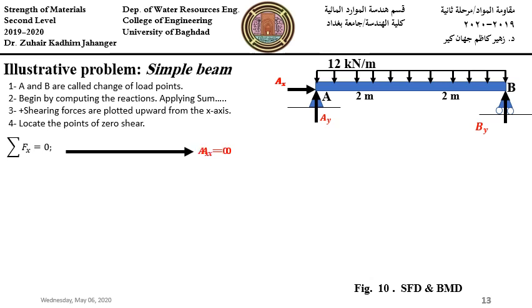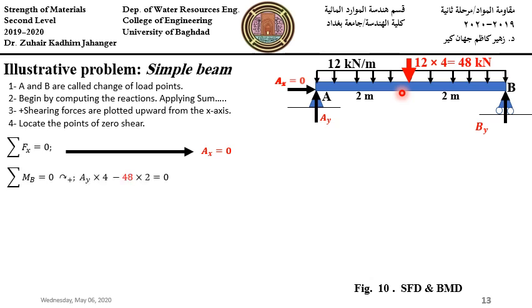And by equating summation of moments to 0, the resultant of the distributed load equals 12 times 4, 48 kilonewton downward.